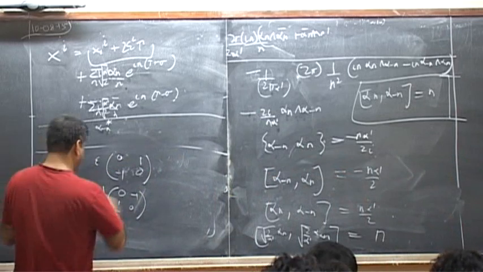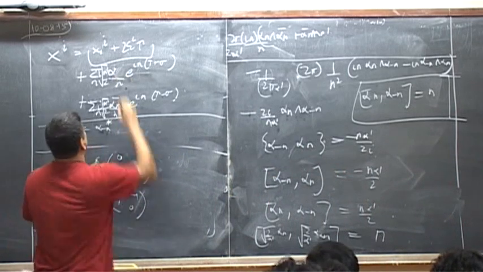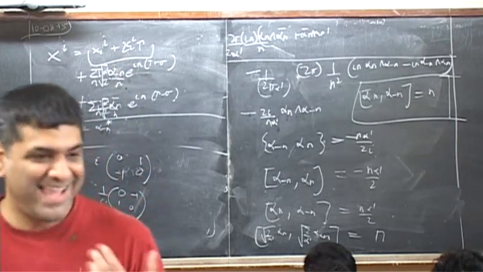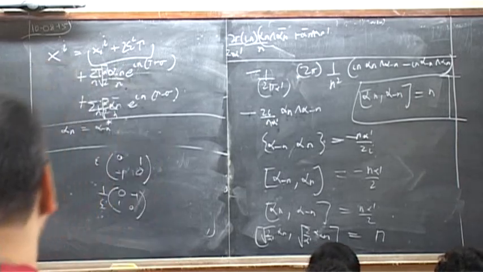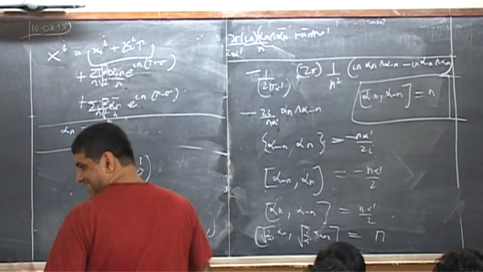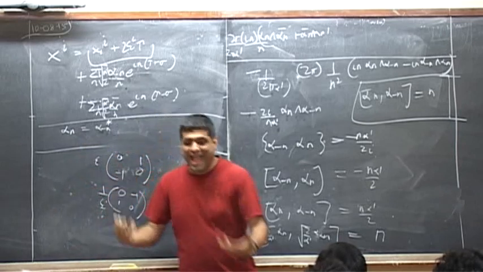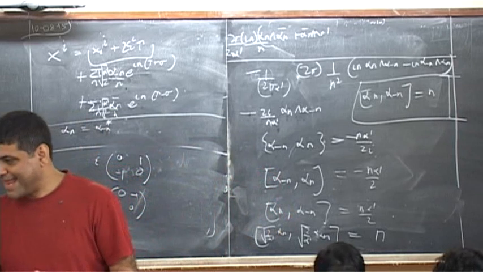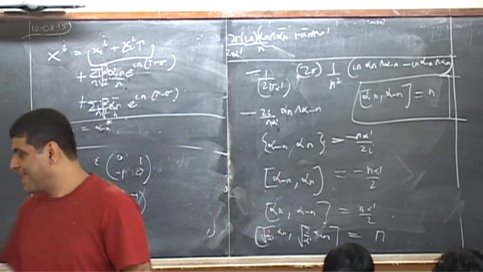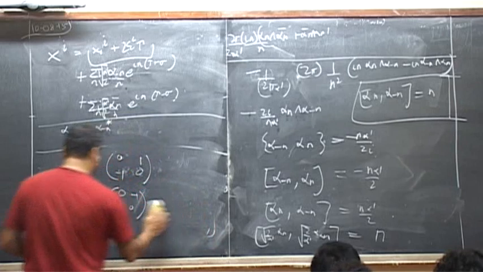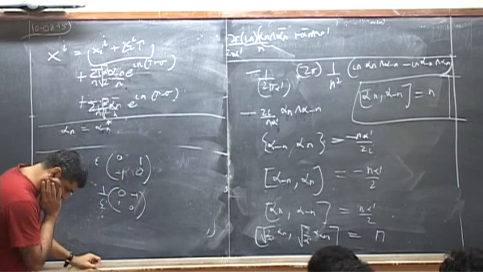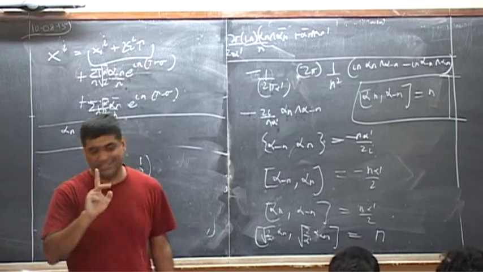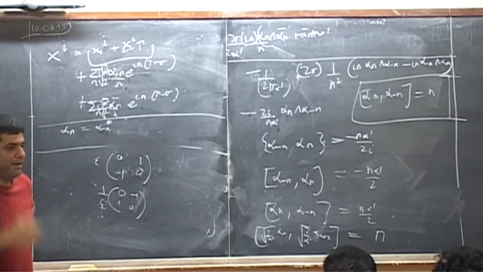You know what I should have done? This is what I should have done, because I want alphas with positive n to be annihilation operators. Let's check. Annihilation operators usually appear with e to the power minus i. This is important, so let's get that straight.